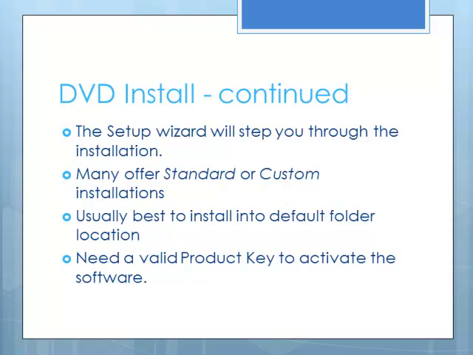I prefer to choose the custom, and what they have as the selections are what they have as the standard. So at that point you can still accept the standard if you just look and see what those are. There could be additional tools or add-ins, features that you might want to go ahead and install, and if not, you can just go with the standard installation. It's usually best to go ahead and install the software into the default folder location.